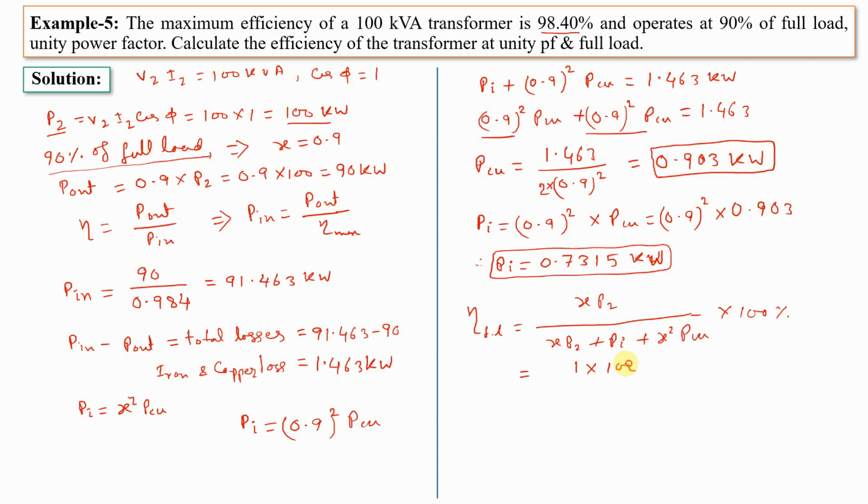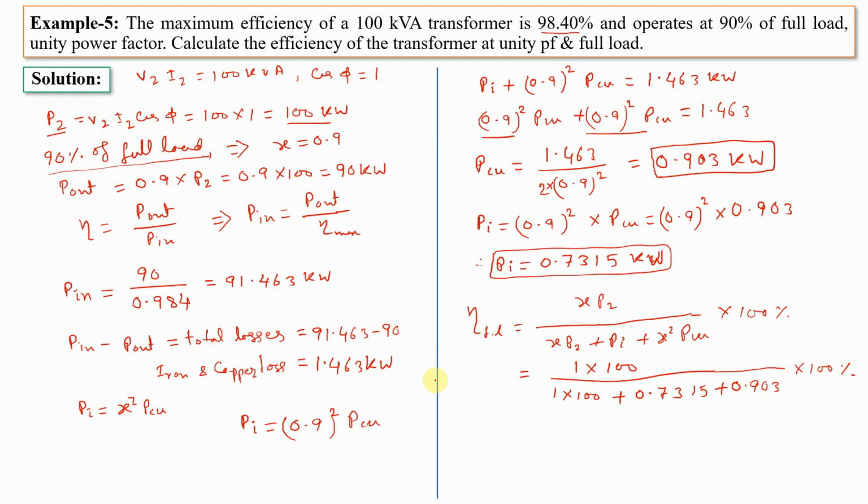It will be 100 upon 1 into 100 plus PI. PI we have calculated as 0.7315 kilowatt, plus the full load copper loss, because here X is equal to 1, and that is 0.903 kilowatt, into 100%.